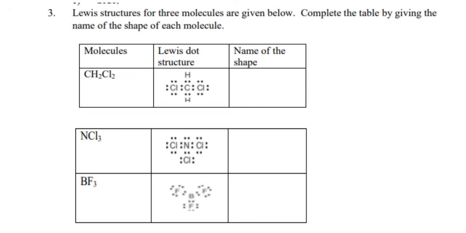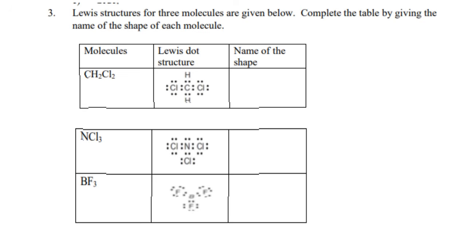So now we've got number 3 here. We are told the Lewis structures for 3 molecules are given below. Complete the table by giving the name of the shape of each molecule.